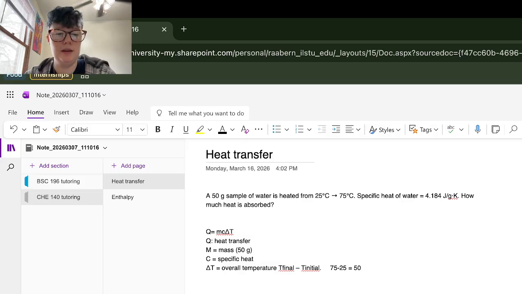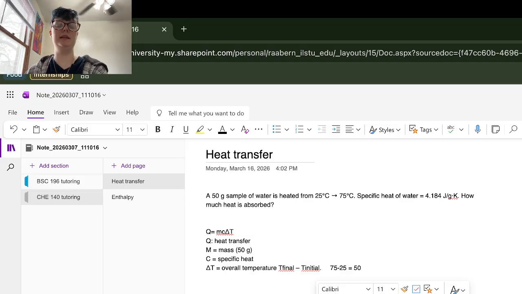So we have 50 grams, the specific heat, and then our 50 Kelvin. If you take grams times joules over grams times Kelvin times 50 Kelvin, the Kelvins and the grams cancel out, leaving your answer in joules. So whenever it's asking about how much heat is absorbed, it's as easy as just plugging in the numbers.